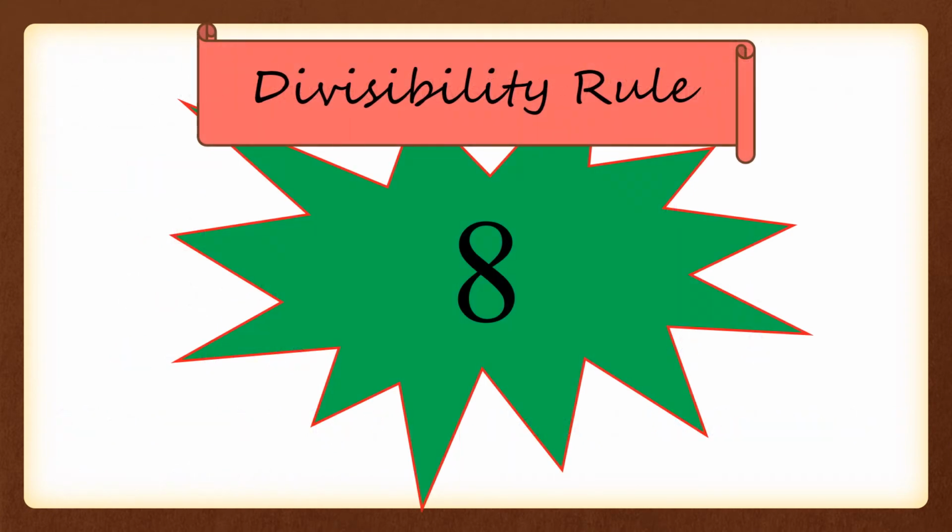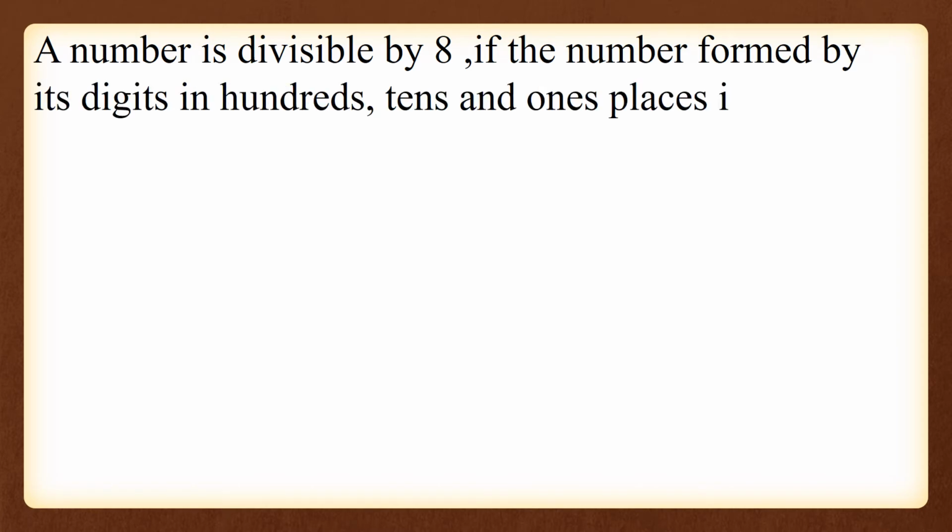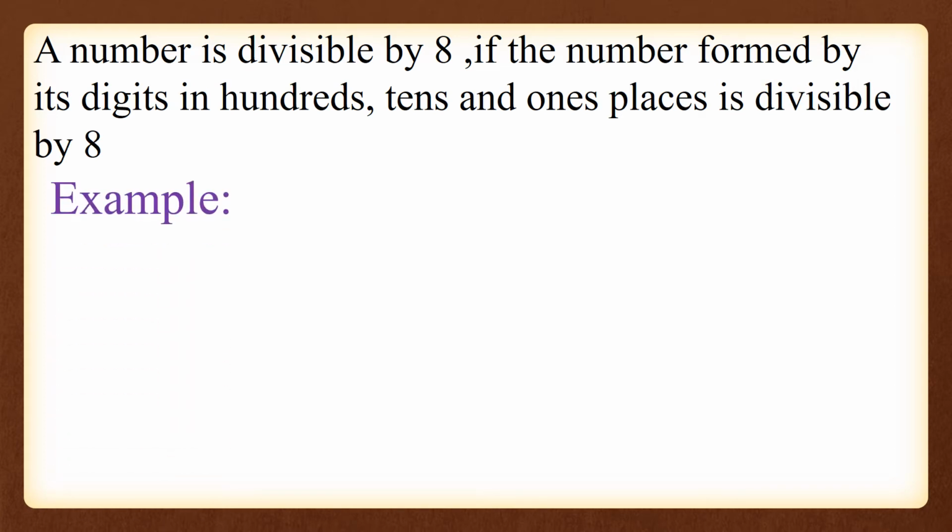Divisibility rule for the number 8. A number is divisible by 8 if the number formed by its digits in the hundreds, tens and ones places is divisible by 8. So let's see an example. 3,72,552.